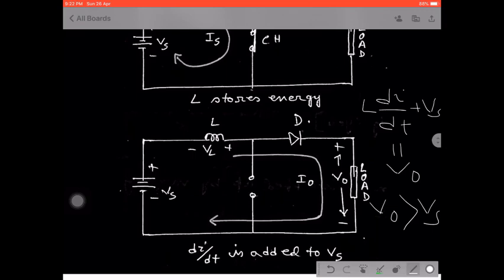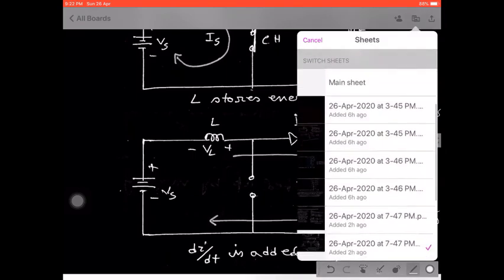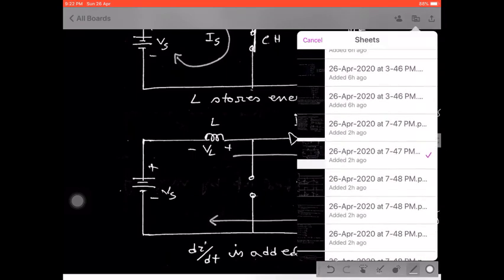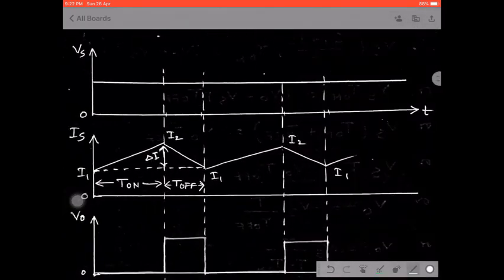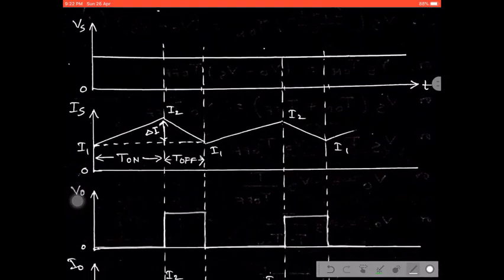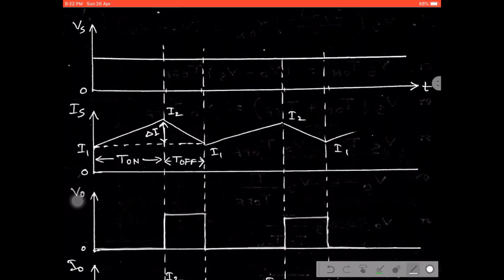Now similarly, just like before, we are going to calculate all the average values and the RMS value for the step up chopper. First we explain the waveform from the circuit. When the switch is on during the first mode of operation, the inductor gets charged.